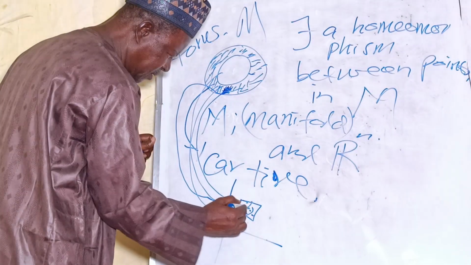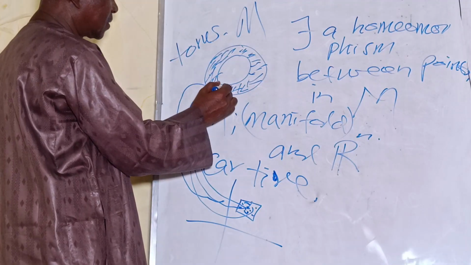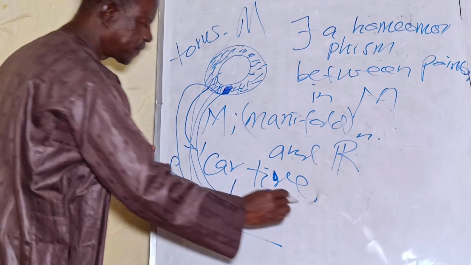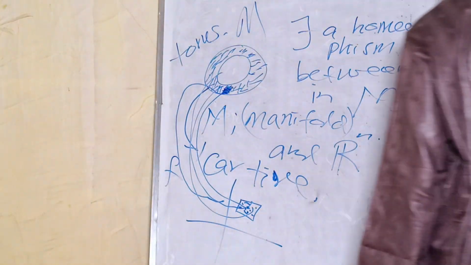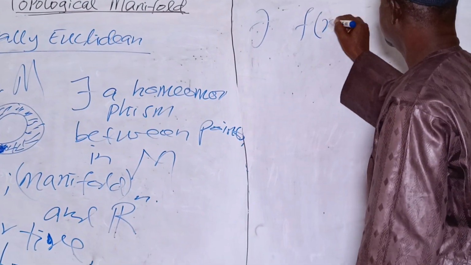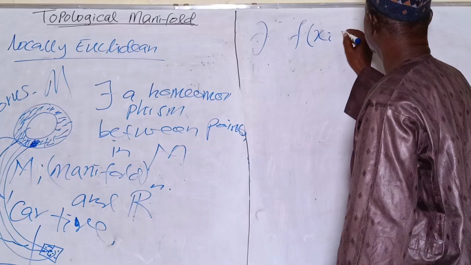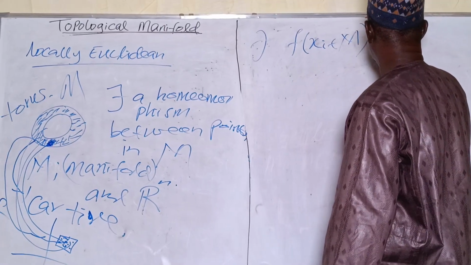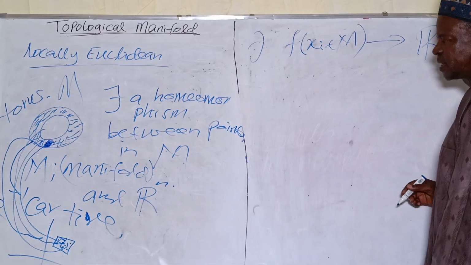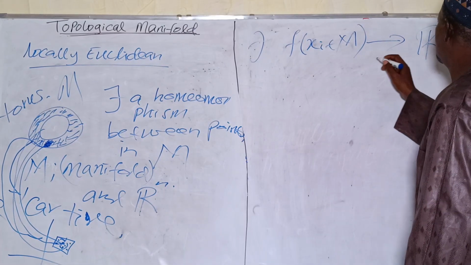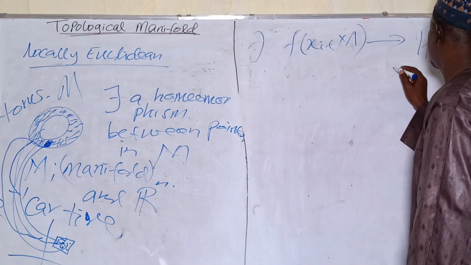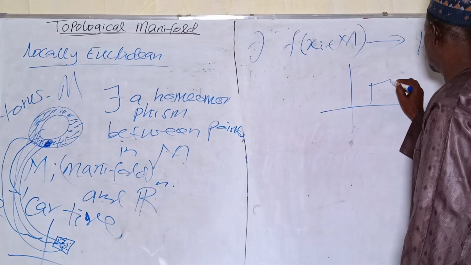So that means you are now saying that there exists a map F, constructed from points xi in the manifold, and they are mapped to R2.